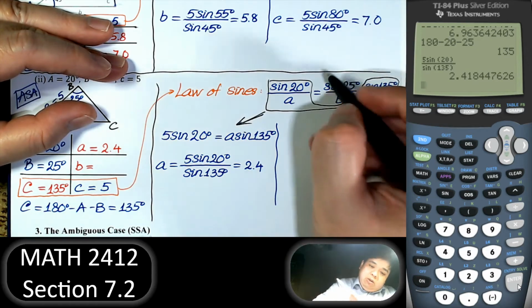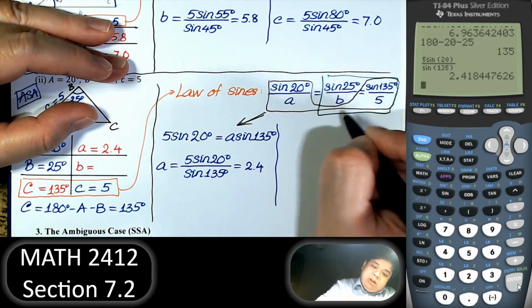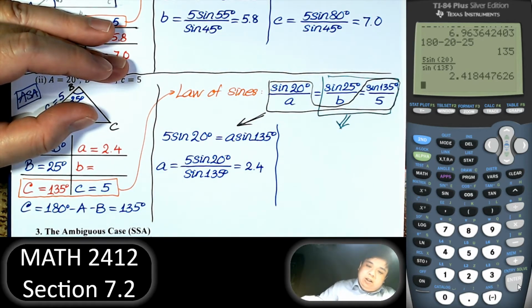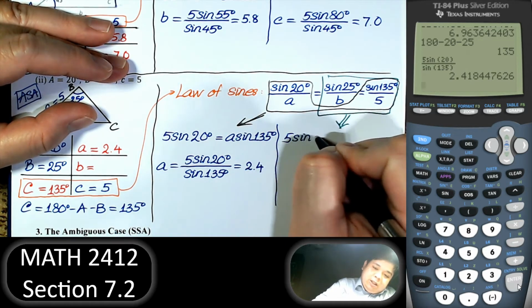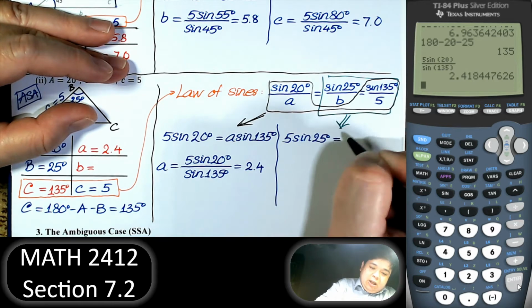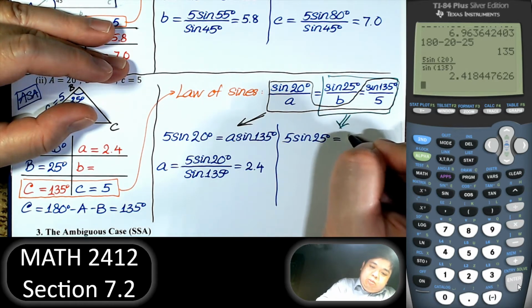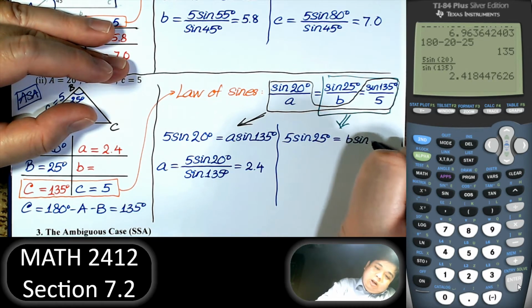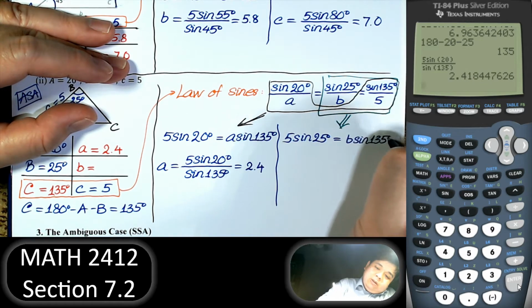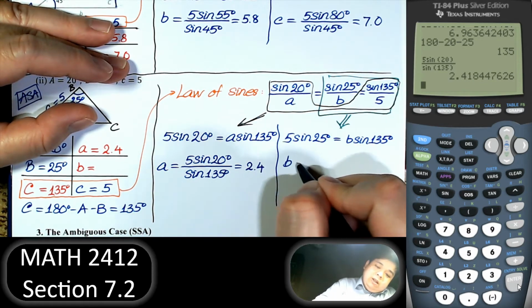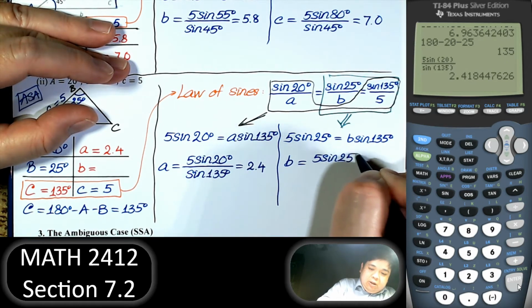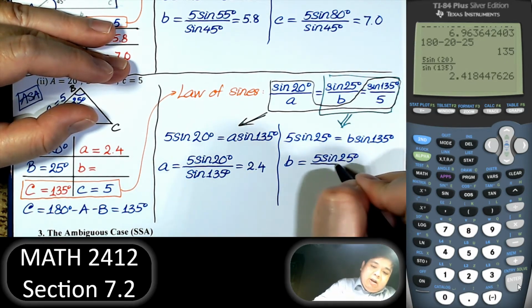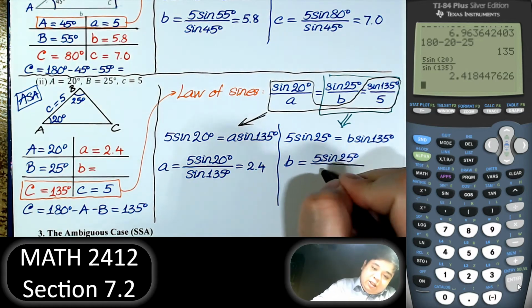Now, the other ratio, take the last two and then cross multiply. 5 sine of 25 degrees equal to B sine of 135 degrees. To solve for B, we have 5 sine of 25 degrees divided by sine of 135 degrees.